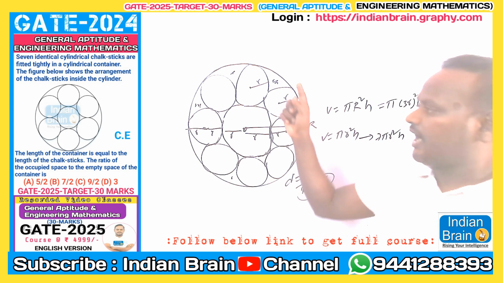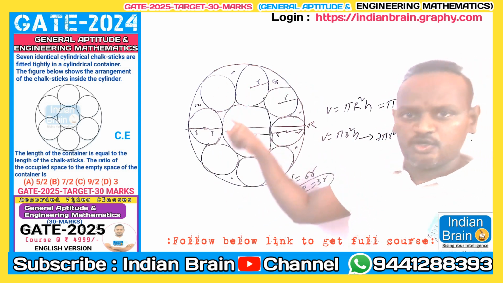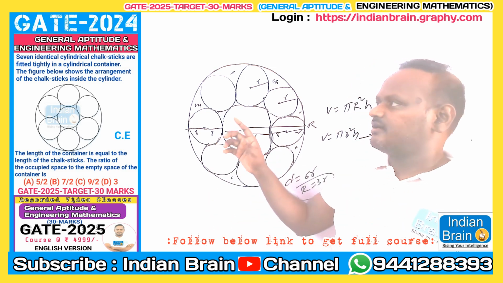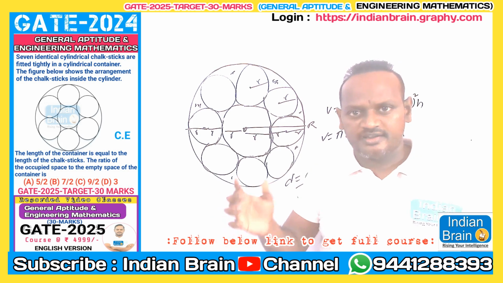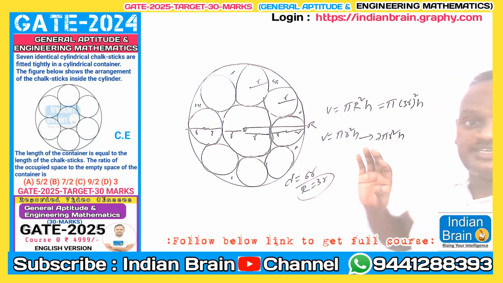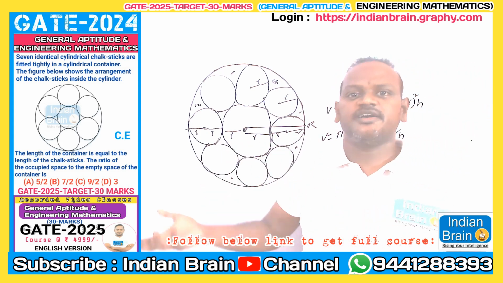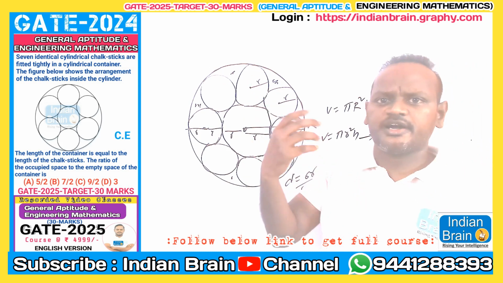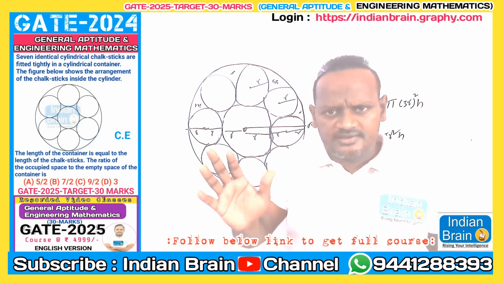Come again: outer cylinder total volume minus occupied space is called the empty space of the cylinder. Simple concept. I need to eliminate occupied space, then we get the remaining empty space, right? That is a basic concept.